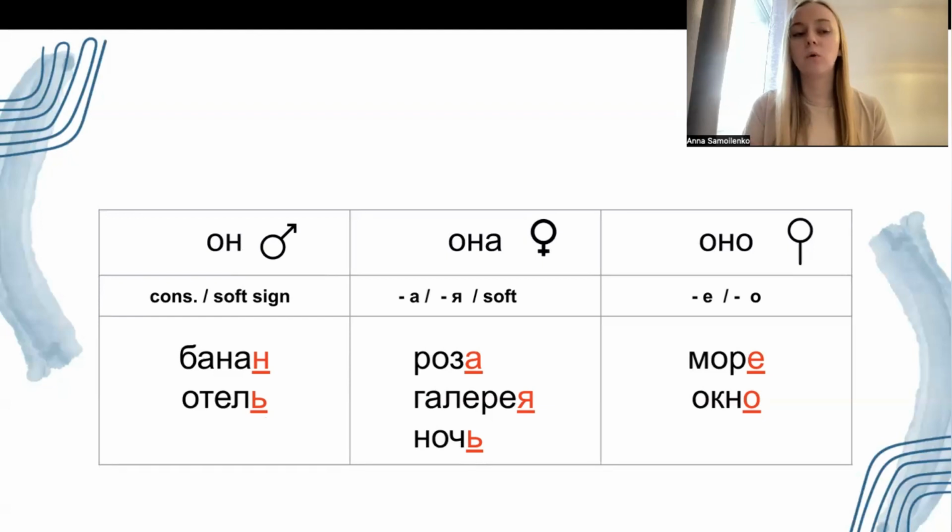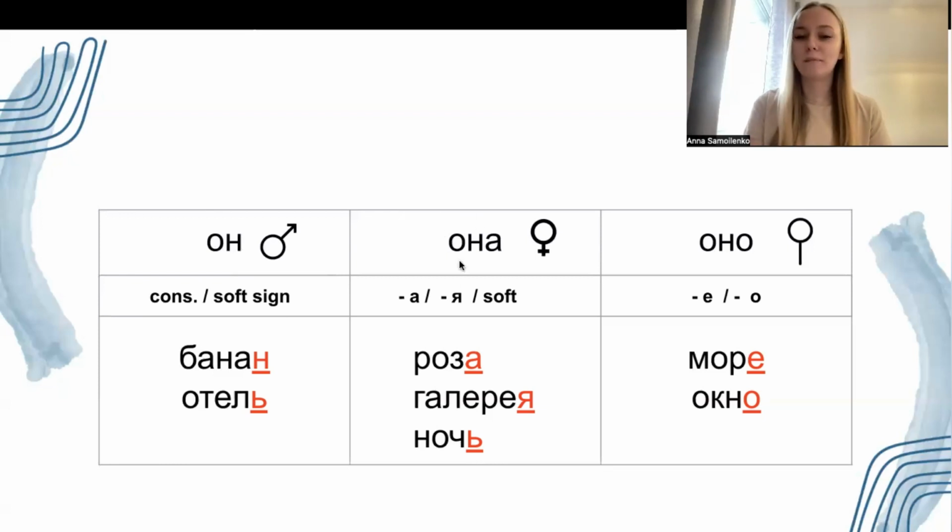In Russian, we call this мягкий знак. So soft means мягкий, sign means знак. So we can make the next conclusion that if we see a word and it ends on a soft sign, this is masculine gender. It's not difficult.